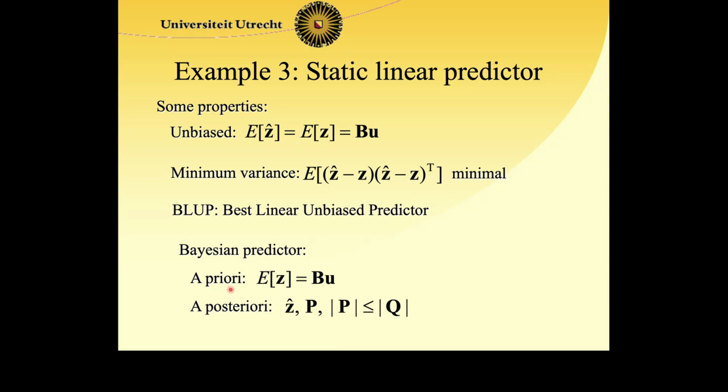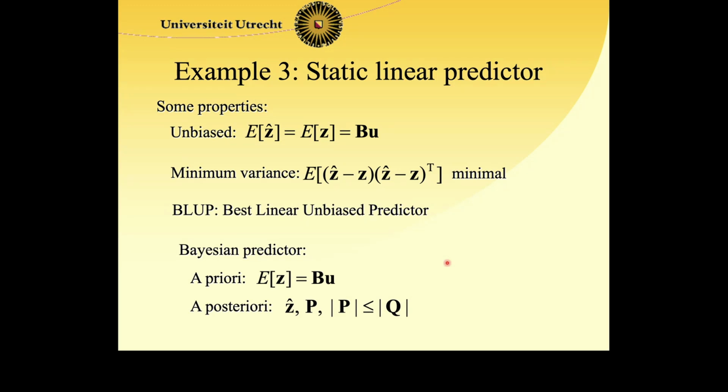In Bayesian terms, we often talk about an a priori estimate, which is in this case the model estimate, and a posteriori, where we have an optimal prediction and a prediction error covariance matrix, where we know that the magnitude of P is always smaller or equal than the a priori uncertainty. So we're always reducing uncertainty by adding observations.